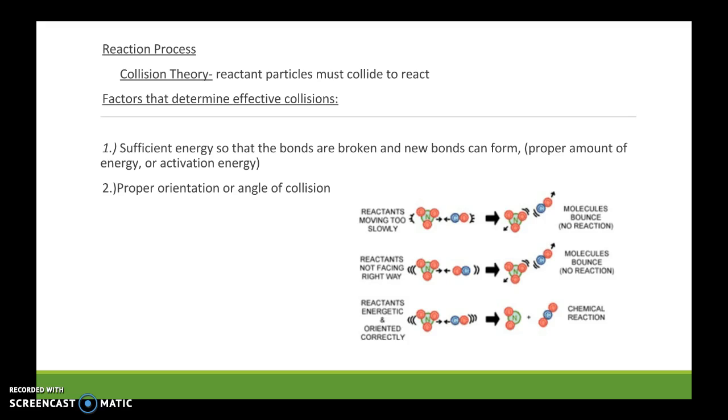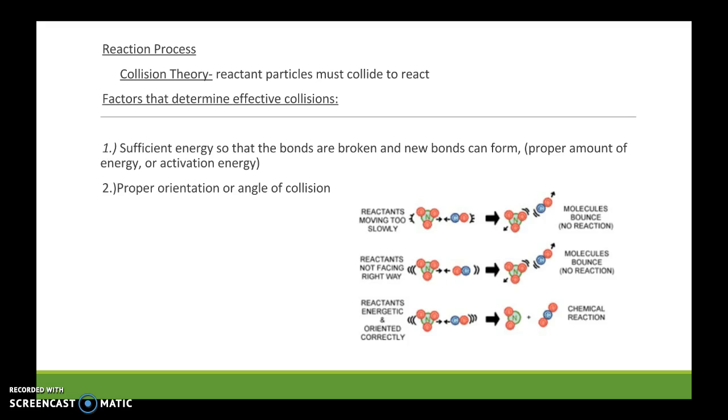The first is that you need significant energy so the bonds are broken and new bonds can form. That's basically asking, do you have enough energy to make this reaction occur? Sometimes this is referred to as the activation energy. We'll get into what activation energy is next.